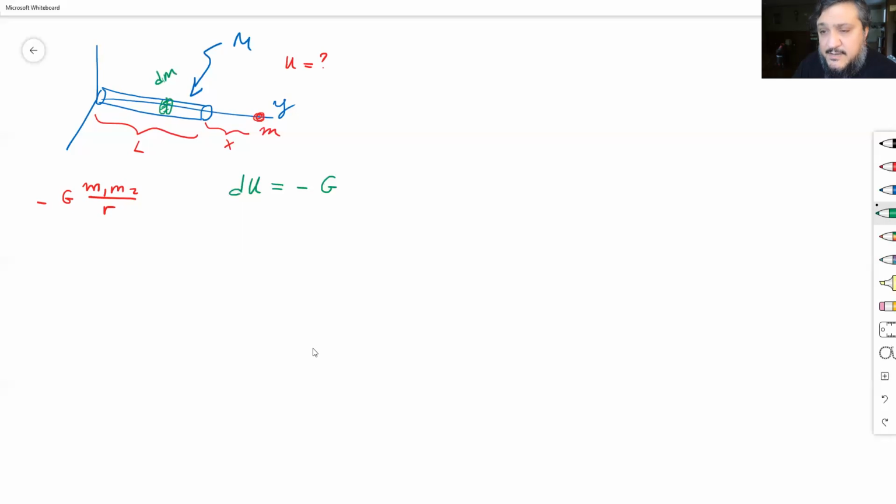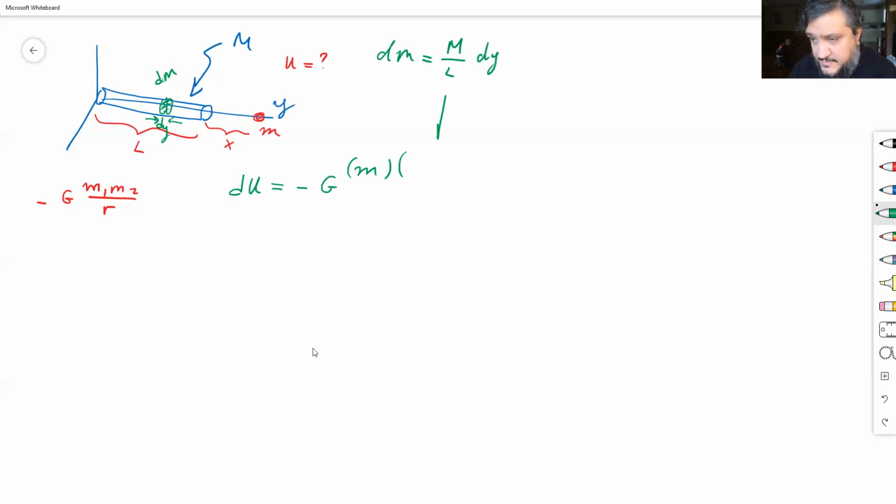So you will have here m as your first mass, and the second mass dm. Well, what is dm? dm will be the mass contained in that small section, which is of thickness dy. So the thickness here is just dy. If I multiply the linear mass density, and you're familiar with this from center of mass calculations, which is M over L, by dy, that's the mass there, the green.